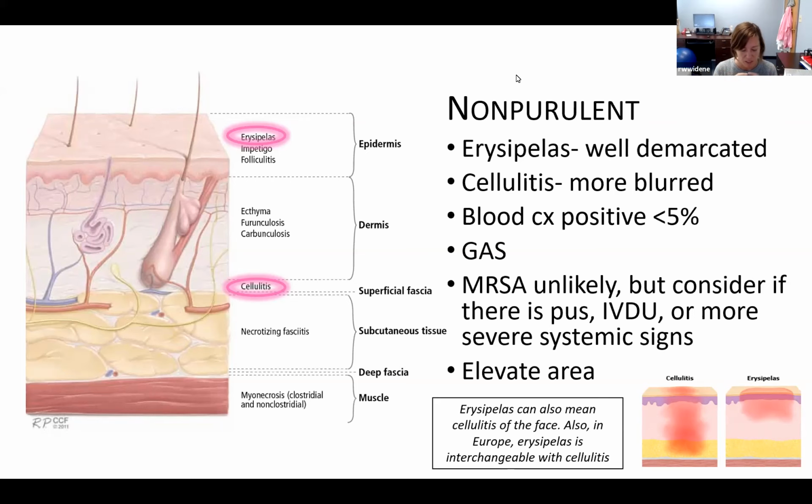Classically, erysipelas has more defined borders and cellulitis has more blurry borders, but they're both group A strep. They're both superficial, and your blood culture is hardly ever positive with these.